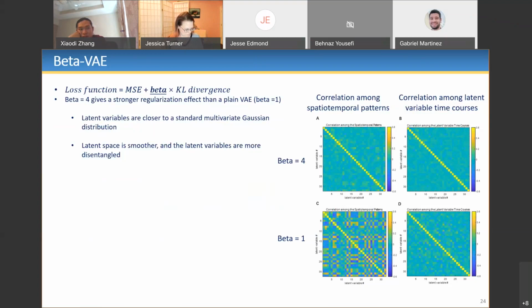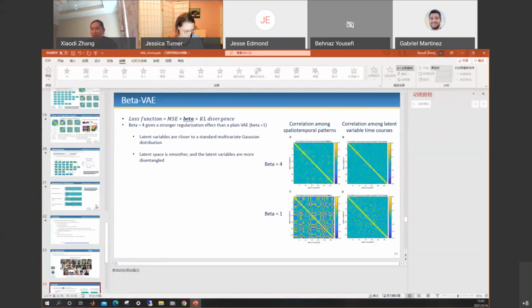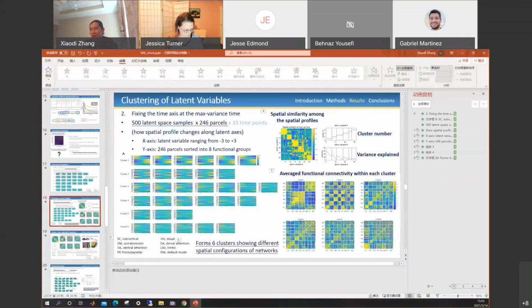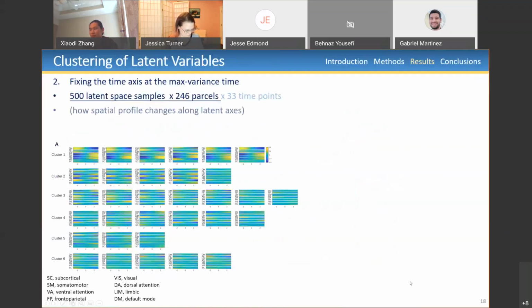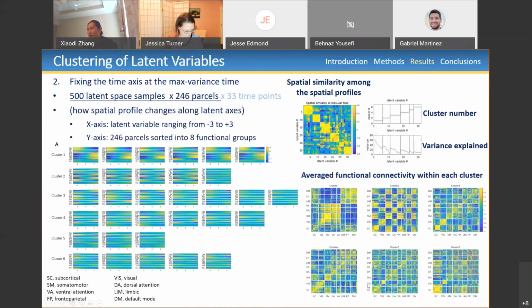In your third latent variable, if you can bring it up, you had this correlation of subcortical with ventral attention, and I think somatomotor or other networks. So if you only include cortical areas, you would have more matching of latent variables.